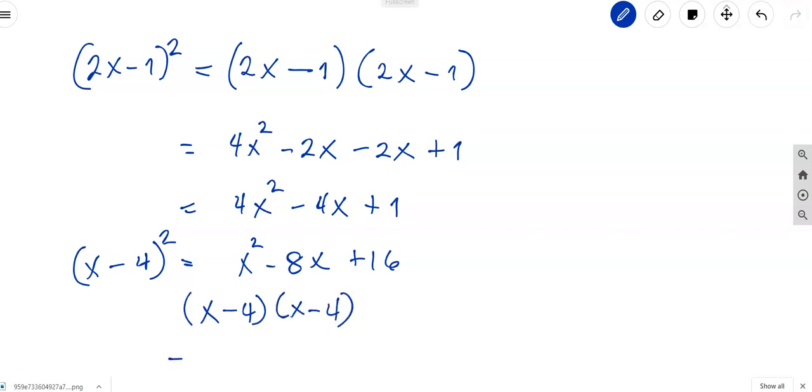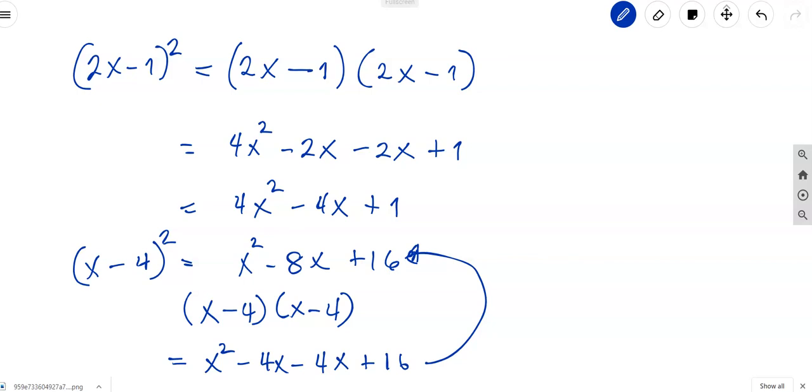So x times x will give us x squared. X times negative 4 will give us negative 4x. Negative 4 times x will give us negative 4x, and then negative 4 times negative 4 will give us plus 16. And then we combine like terms, so therefore we can have now the final answer x squared minus 8x plus 16.